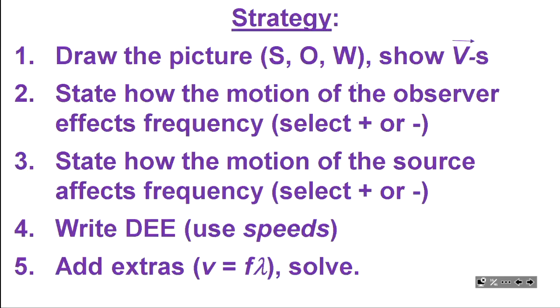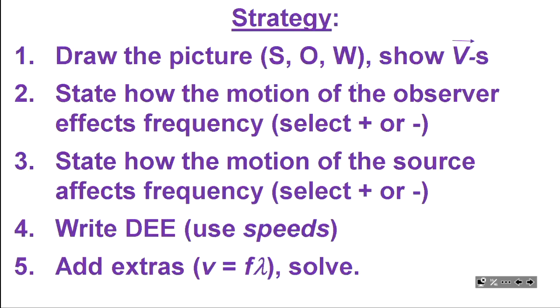And of course, it starts from a picture because we should see how the source travels, how waves travel, how an observer travels. And then, based on the picture, we should choose plus or minus for the numerator, for the denominator, and solve it. What does it mean, some extras?